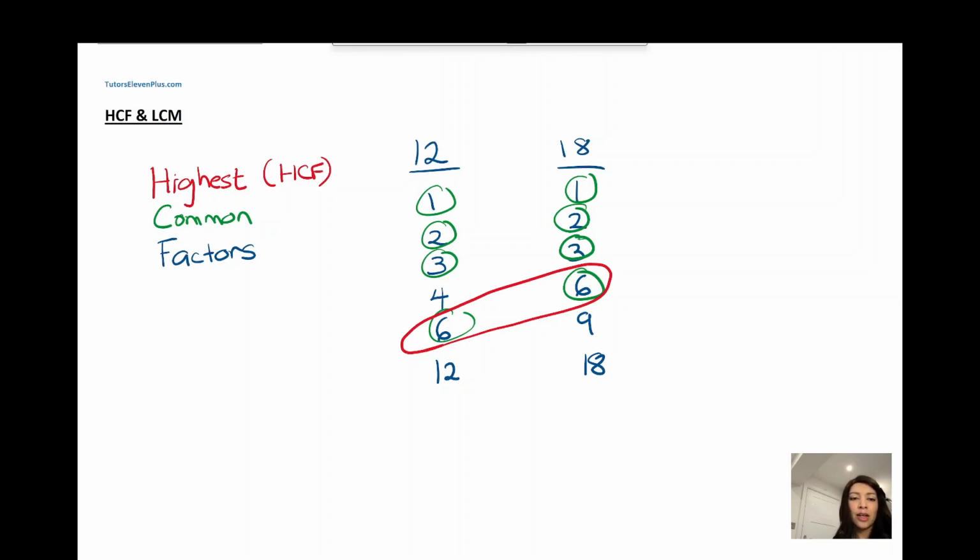Now let's look at a lowest common multiple. If we wanted to look at the lowest common multiple of, for example, 4 and 6, the first thing we would do is write out the multiples.